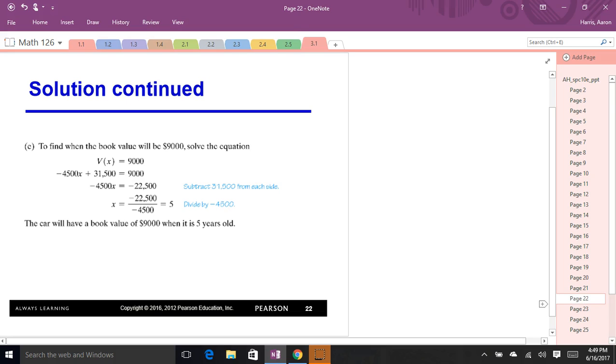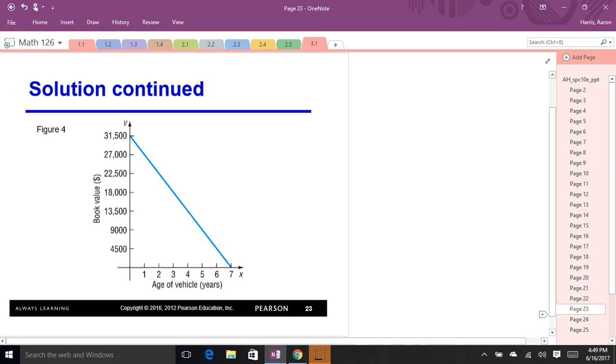Now you're solving this right there. Okay, so subtract 31,500, divide by negative 4,500, and it's 5 years later that it'll have a value of $9,000. Okay, here's a nicer graph of what's happening here in this linear model.